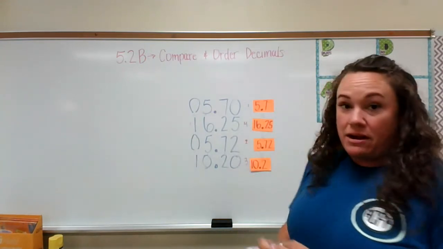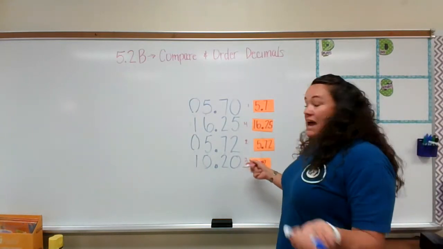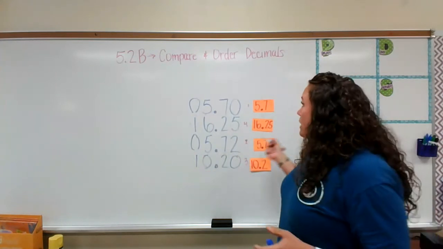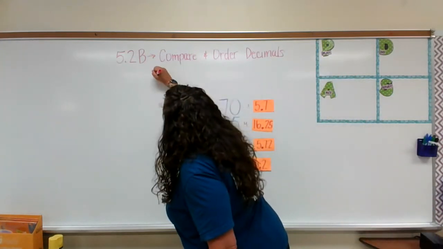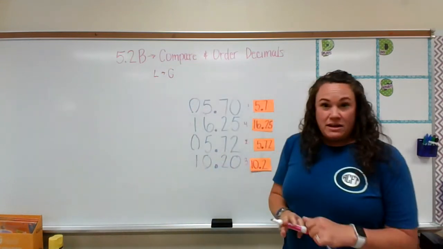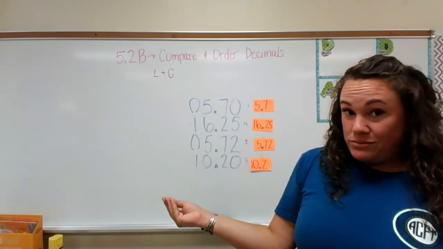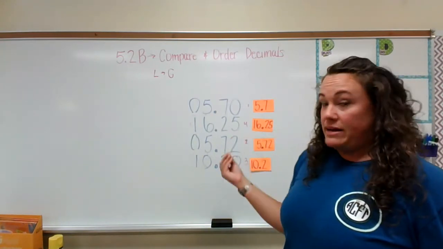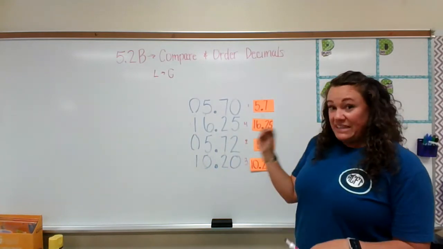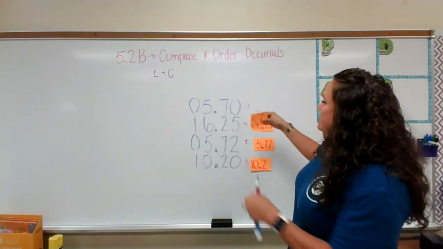We've compared the numbers and put them in order, and we happened to do the greatest number first because that was easiest to see. Now we're going to put them in order from least to greatest. Least to greatest, or smallest to largest, but we're comparing value, so we call it least to greatest. The one with the least value is 5 and 7/10.